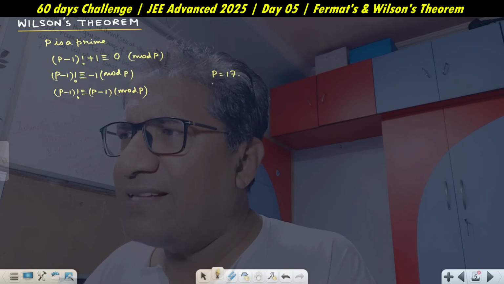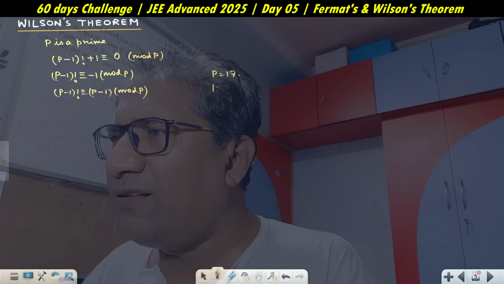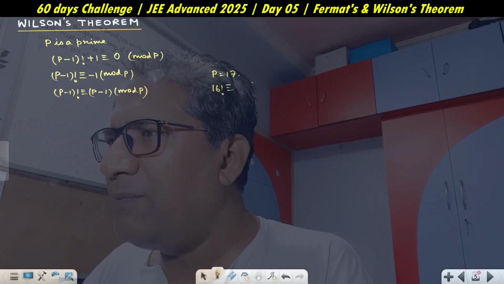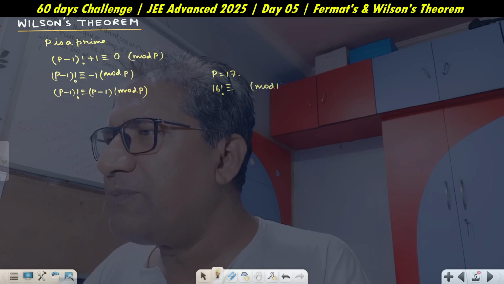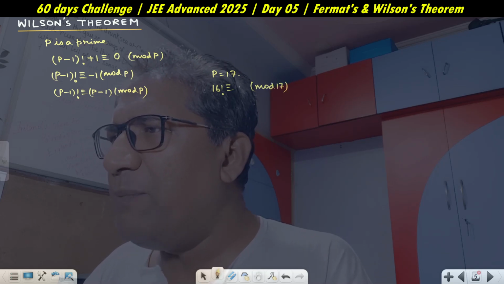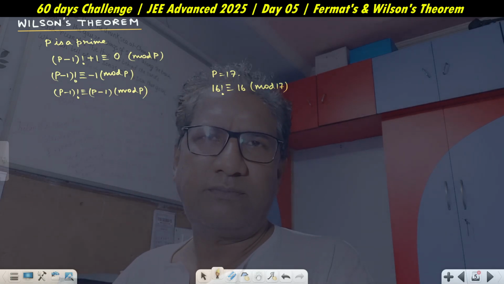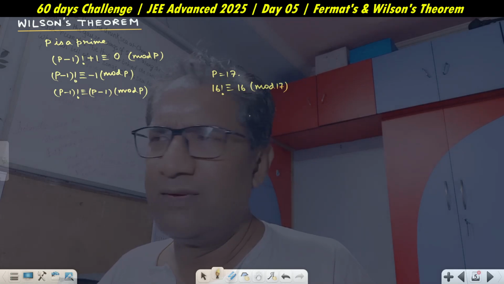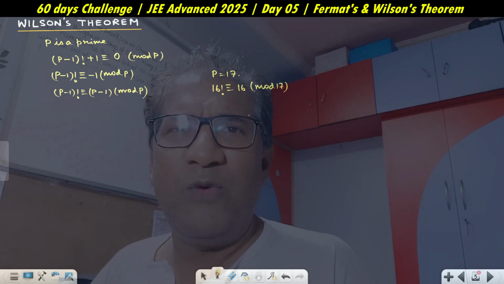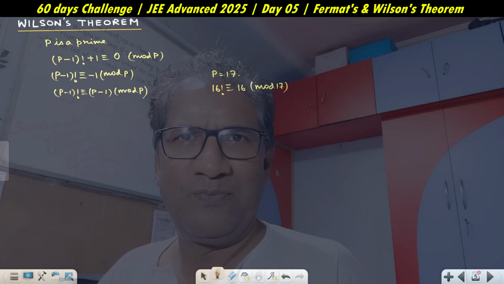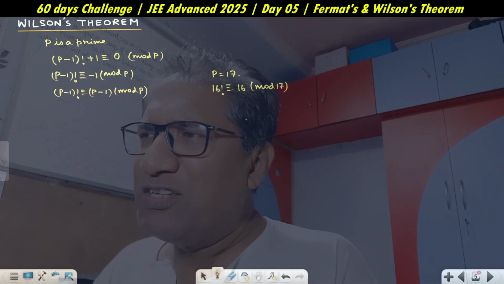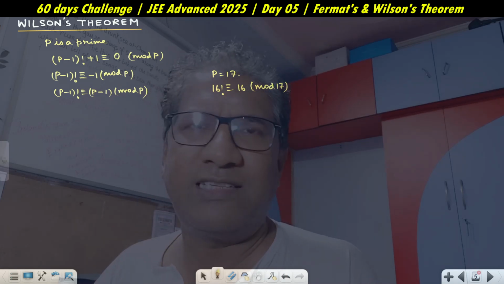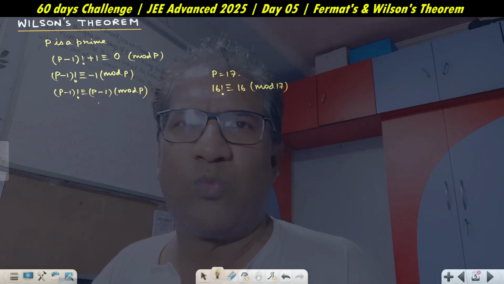Wilson's theorem states that if 17 minus 1, that is factorial 16, is divided by 17, the remainder will be 16. But again, I'm not interested in getting a remainder which is not 1, right? So now we will do a little modification in Wilson's theorem such that we get this remainder as 1.